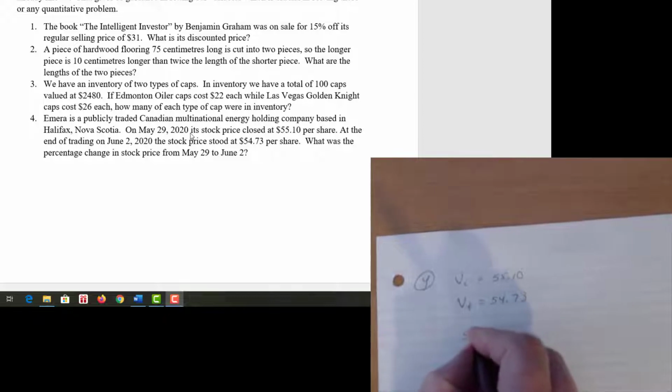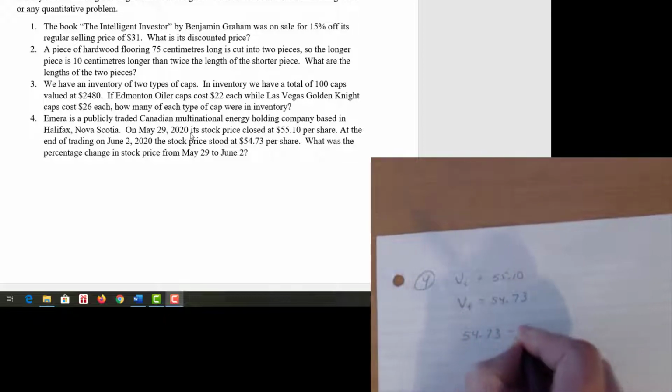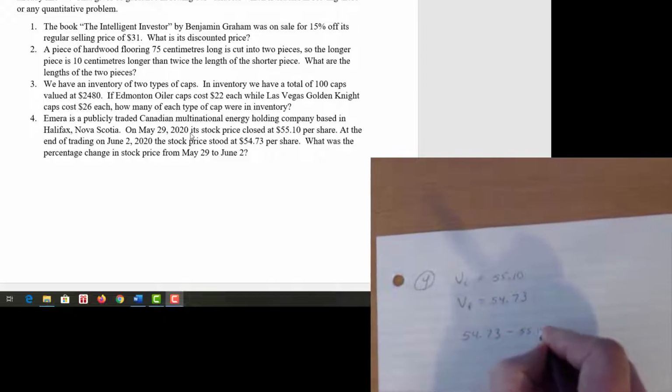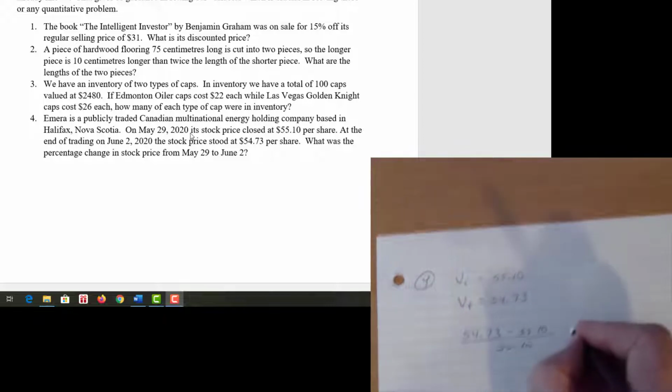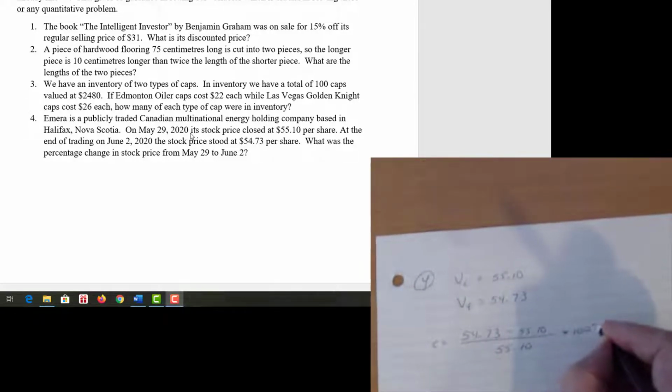I have $54.73 minus $55.10, all divided by the original or initial value of $55.10. And we express that as a percentage. So C in this particular case turns out to be a negative number, 0.5%.